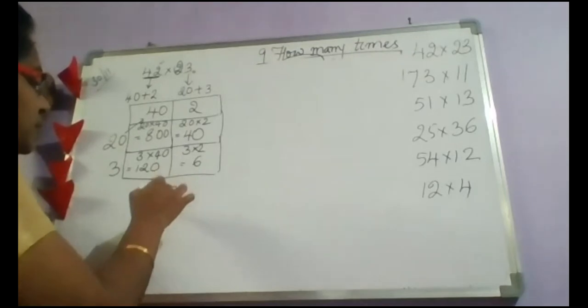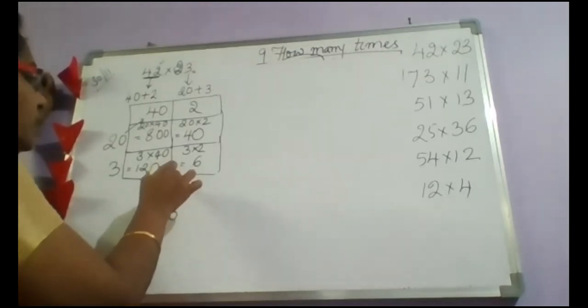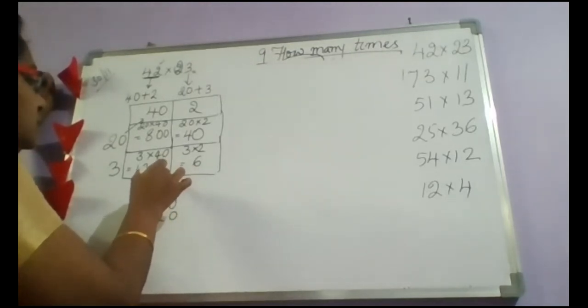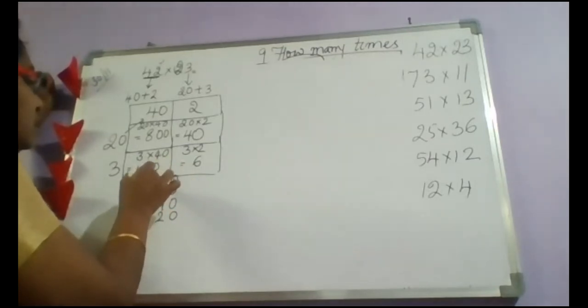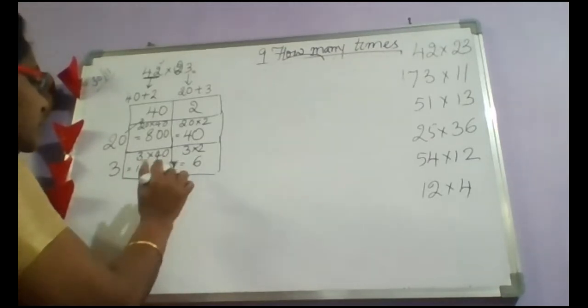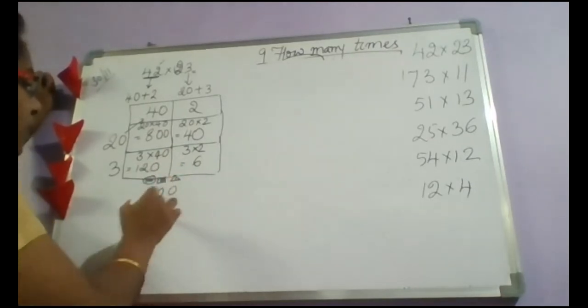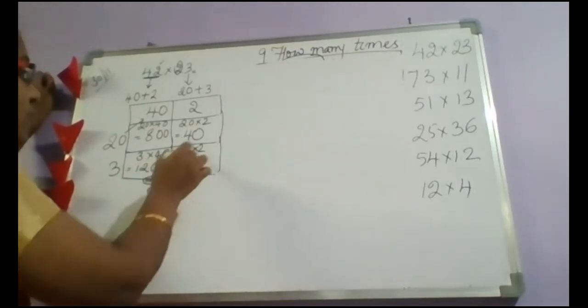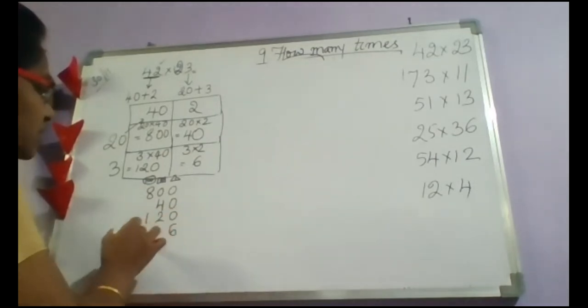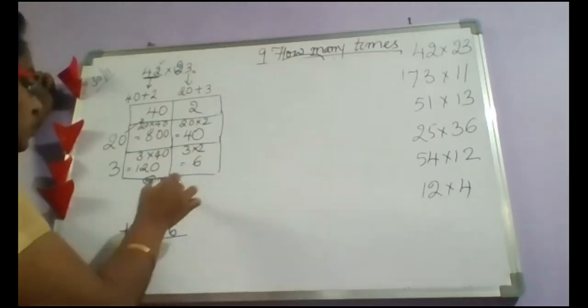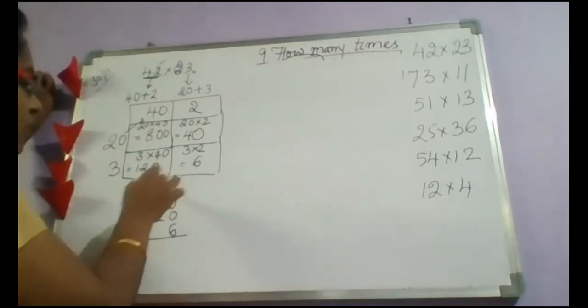Be careful while placing these values: ones, tens, hundreds. So 800, 40, 120, and 6. 1 should be under hundreds and 6 should be exactly under ones. Add all these.